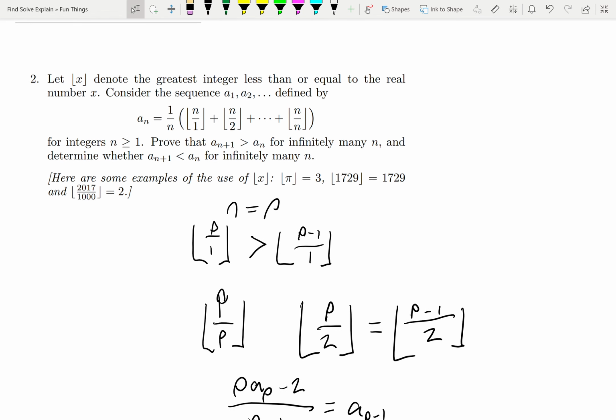Because if we look at n here and n here, and we know there is one point here and one point here, somewhere in this gap there has to be an increase. Otherwise, it just won't work.